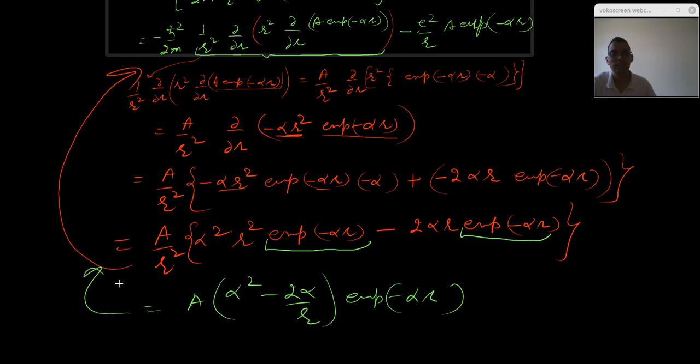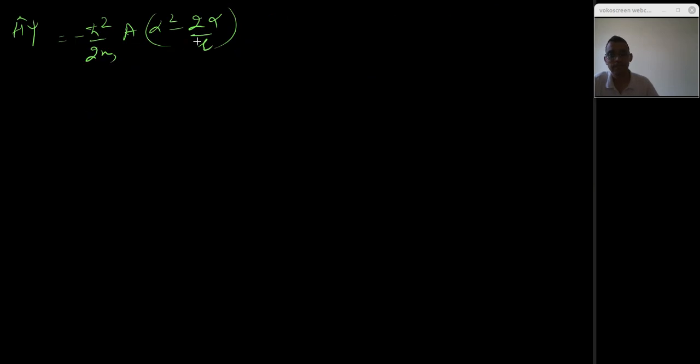So if I put it here, it can be written like this: minus h cross square over 2m times A alpha square minus 2 alpha upon r, exponential minus alpha r, minus e square over r times A exponential of minus alpha r.